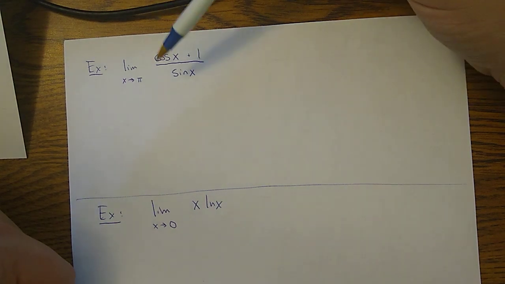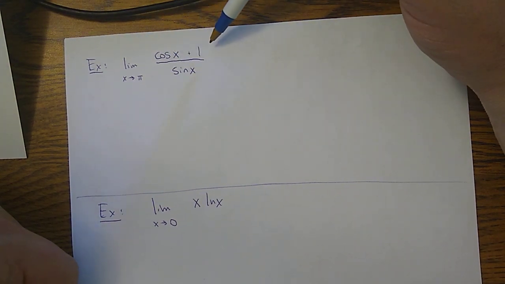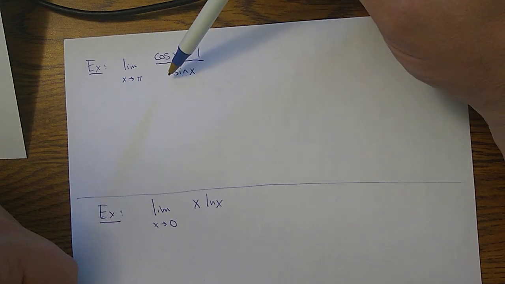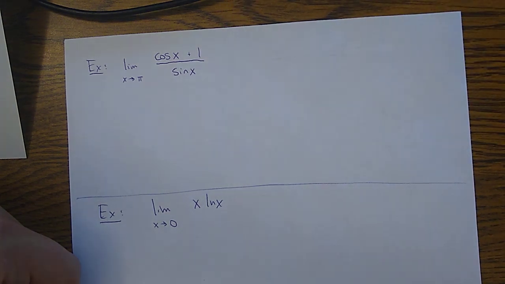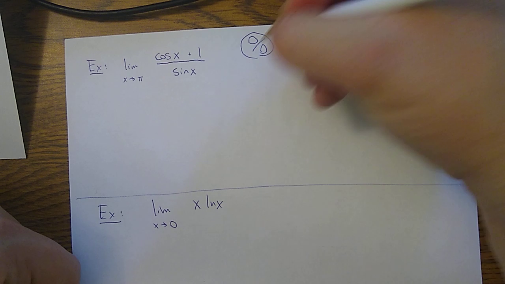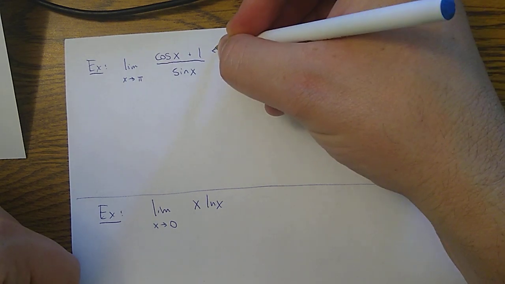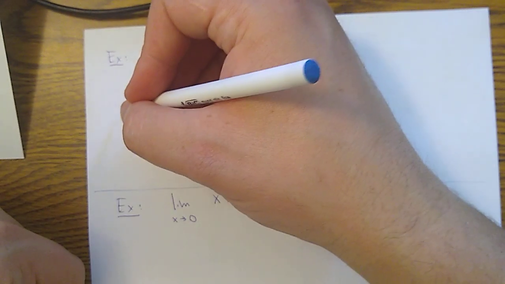So if I'm putting in pi on the top, I'm going to get 0 because it's -1 plus 1. Sine of pi, meanwhile, is 0. So actually, this is another 0 over 0 indeterminate form, meaning I'm going to use L'Hopital's rule.